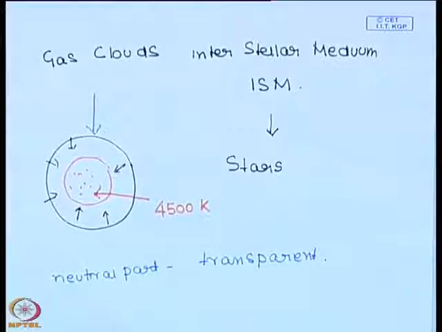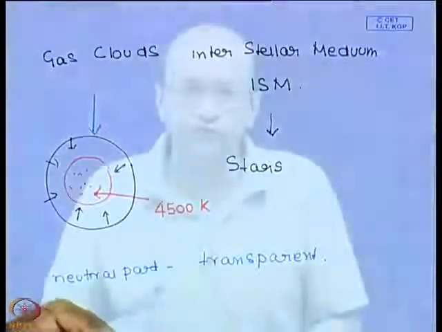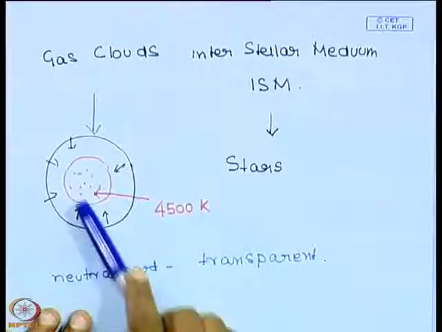Neutral gas can only absorb at certain specific frequencies or wavelengths which correspond to the atomic transitions. For other frequencies or wavelengths, they do not interact with the radiation at all. Okay, so, it is largely transparent. So, if you are looking from here, you will not see these neutral parts where it is cooler.